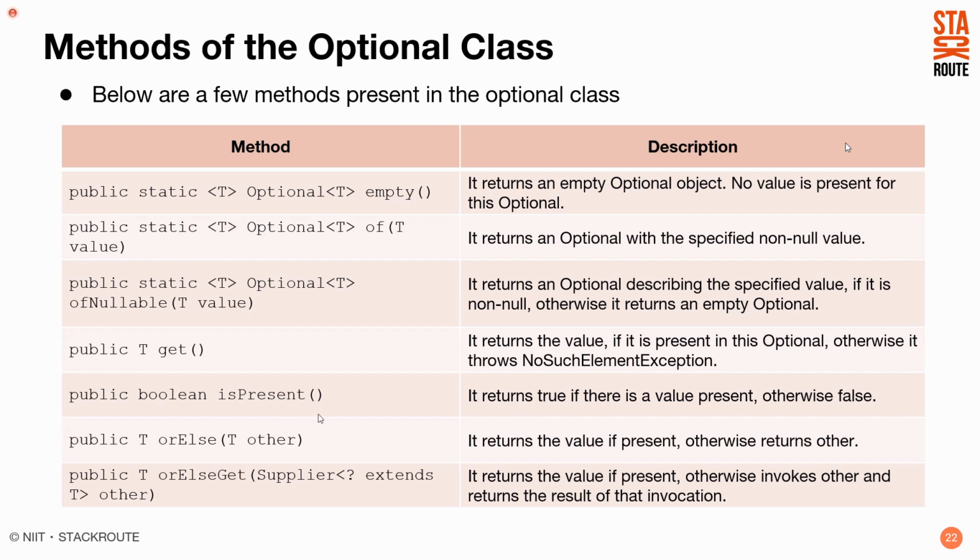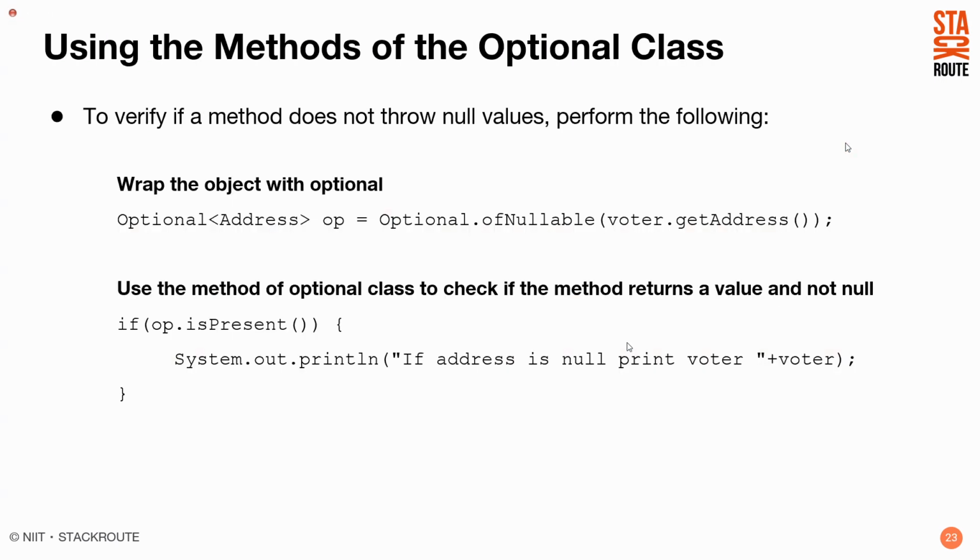So let's explore a few of the methods in Optional. To verify that the method does not throw a null value, you need to perform the following. Wrap the object with the optional clause.